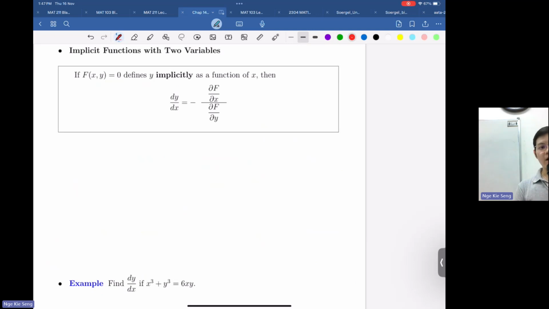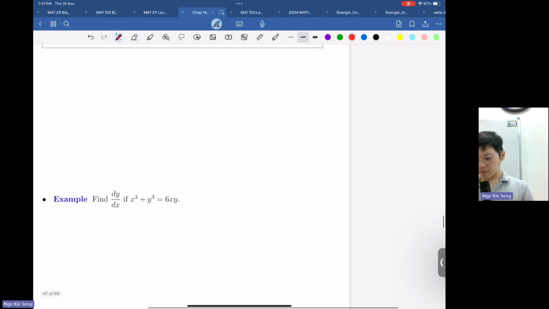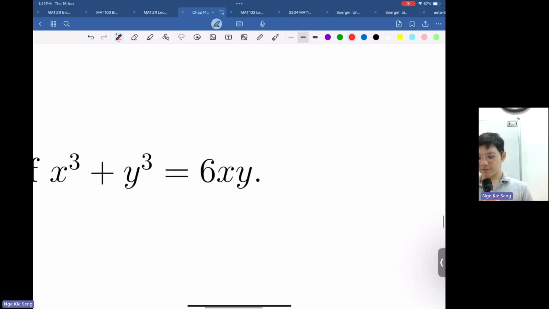So it defines y implicitly as a function of x. So for example, what kind of example do we have? For example, this example here. This is an implicit function, meaning we have y implicitly in x. So why do we say this is implicit? Because we cannot write y equals to something.